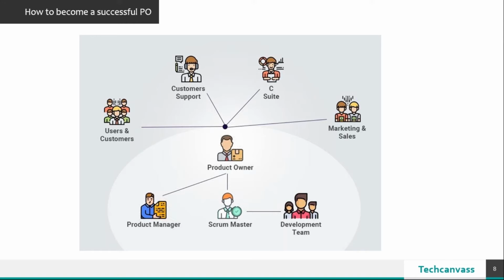Then you also have to communicate with the C-suite level management, where you make decisions on whether you need to go live with a feature, what management says about it, and whether management is okay to invest that amount of budget. And finally the sales and marketing, because whenever you do a big bang release, the sales and marketing team has to promote the feature. So there's this constant collaboration happening everywhere around the organization.